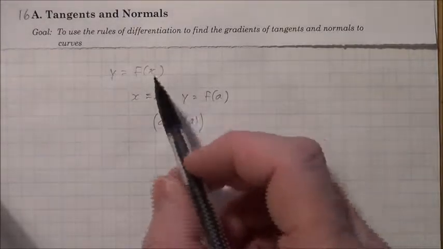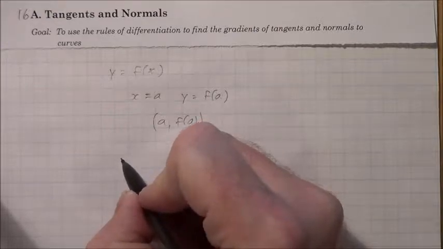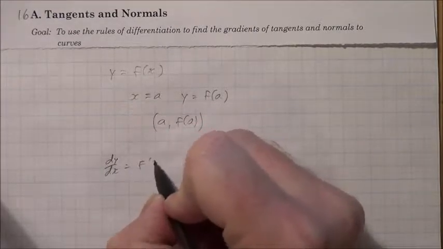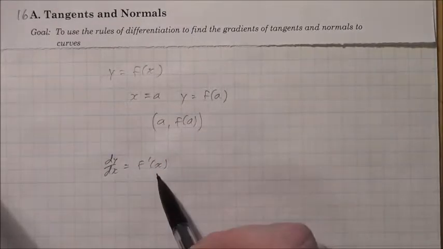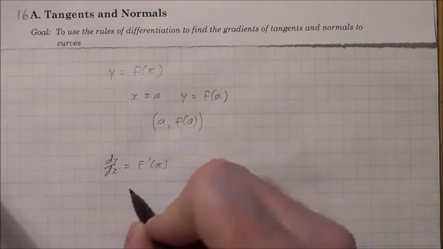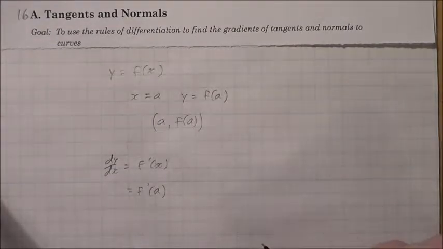When we take the derivative of this, dy by dx is f prime of x. When we substitute the x value of the point of tangency in, we get f prime of a.